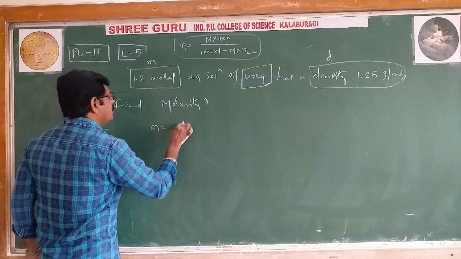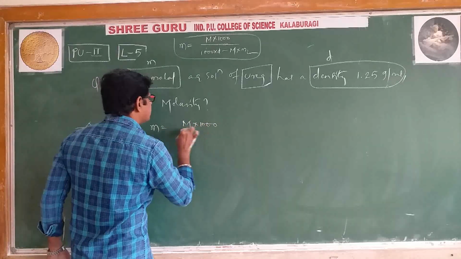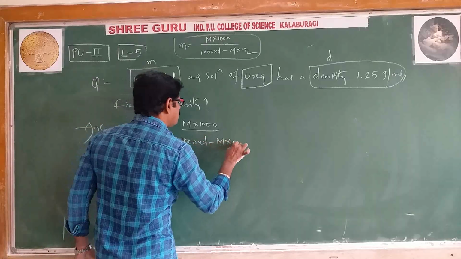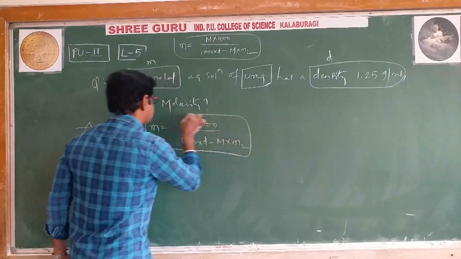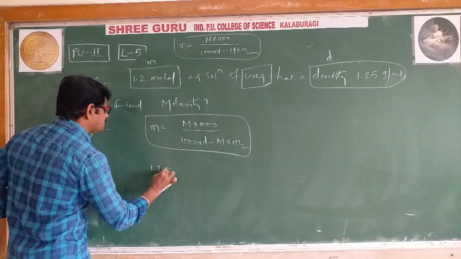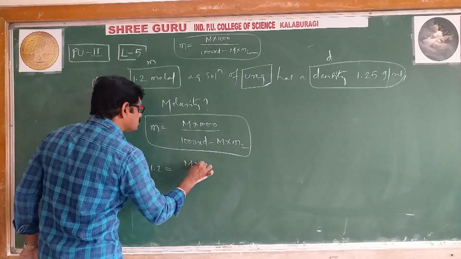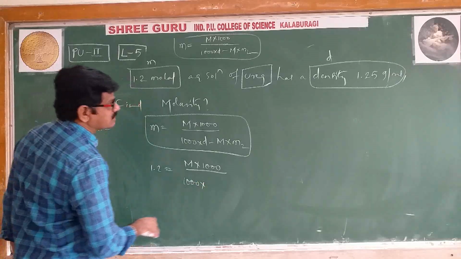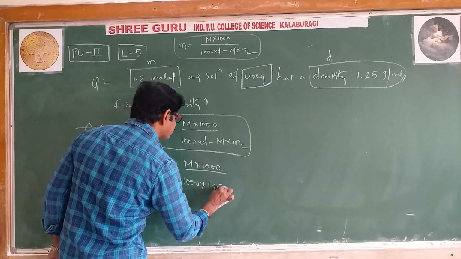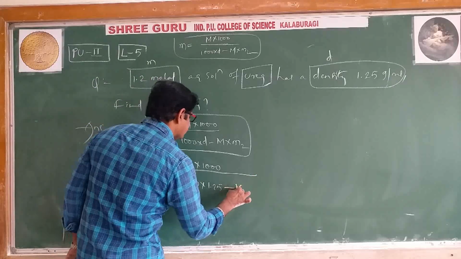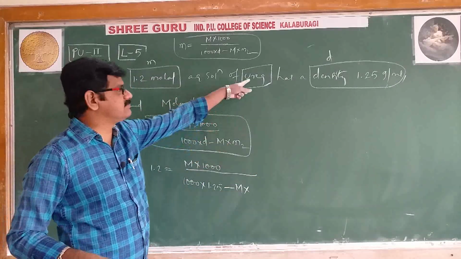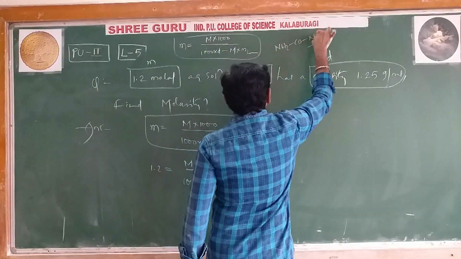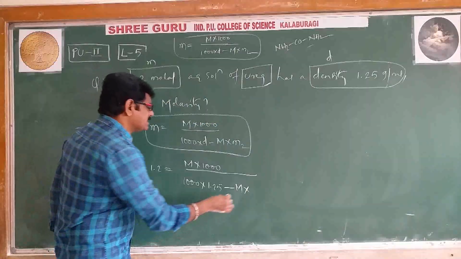Small m is equal to molarity into 1000, divided by 1000 into density, minus molarity into molar mass of solute. So 1.2 is equal to molarity into 1000, divided by 1000 into density, which is 1.25, minus molarity again into the molar mass of urea, NH2CONH2, whose molar mass is 60.